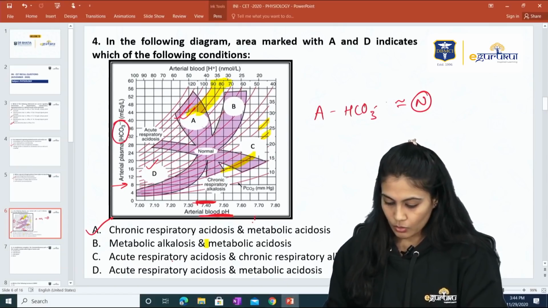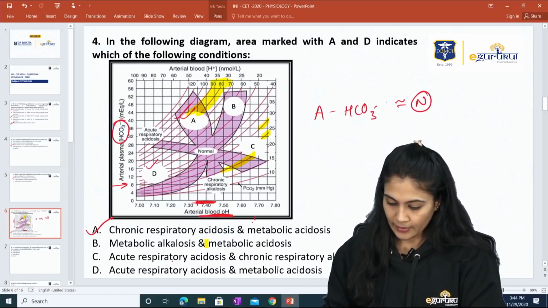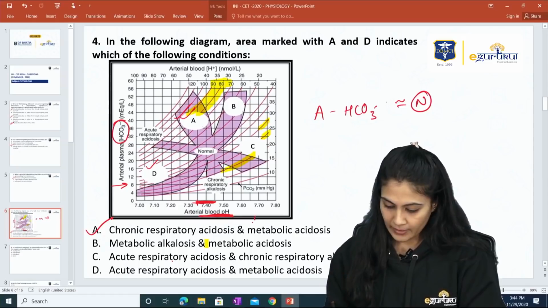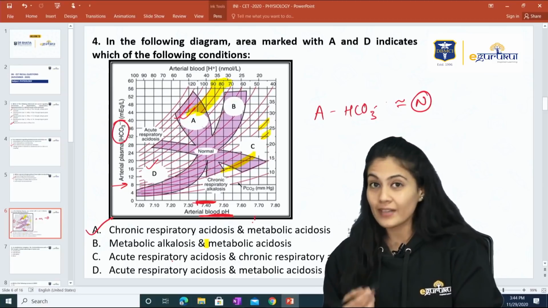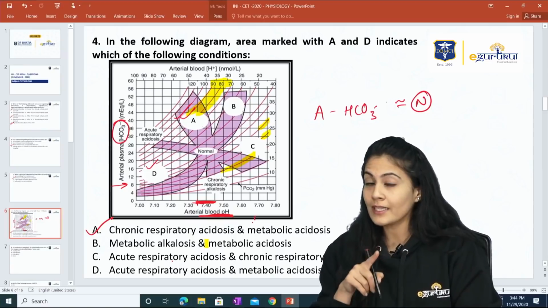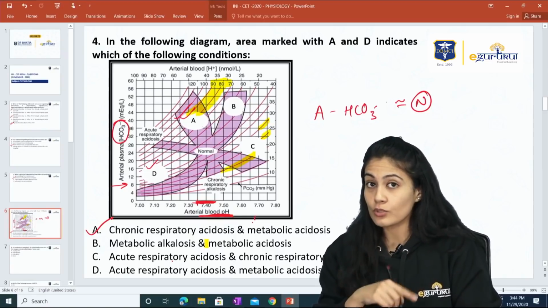Okay. So, over here in the A, the PCO2 values are much higher, right? But if you see the bicarb value over here, that is also increased, but it is not the pH which increases, right?